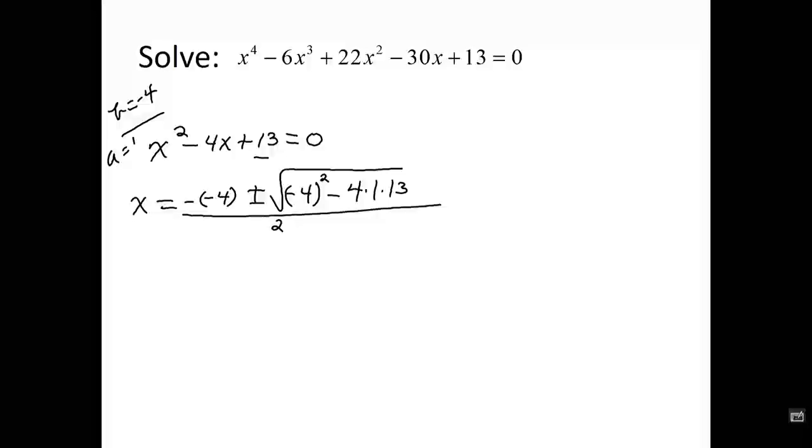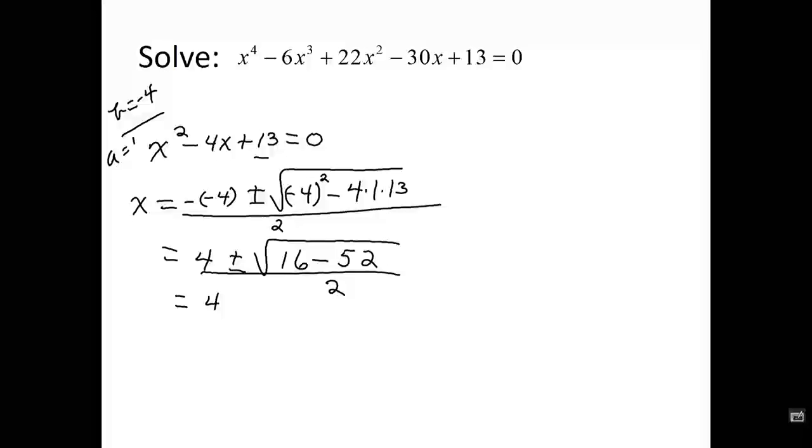So let's simplify. We have a negative times a negative 4, so positive 4, plus or minus the square root of negative 4 squared, which is 16, minus 4 times 13, which is 52, all divided by 2.